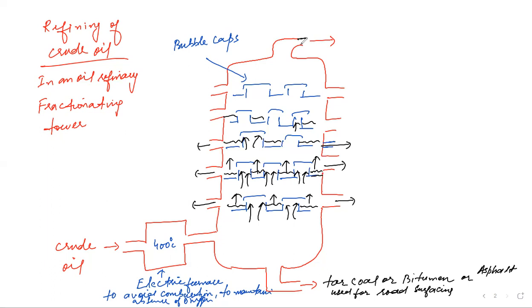At last, from the top, we will collect a fraction which has a very low boiling point and will not condense, and its name is refinery gas. In the older syllabus, its name was LPG, liquid petroleum gas.